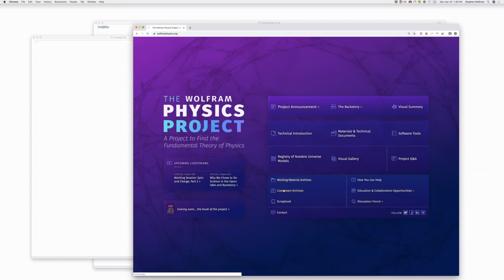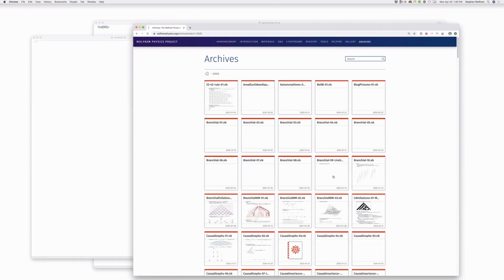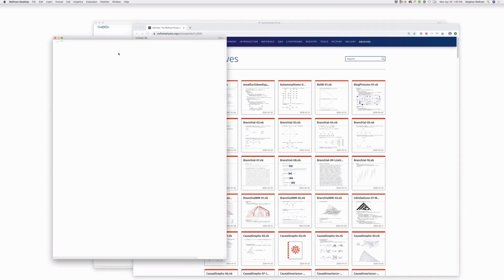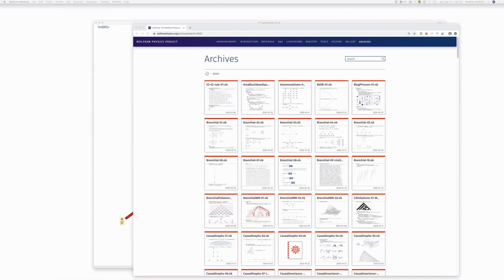There's another big section called working material archives, and there were 337 notebooks in 2020 with all kinds of topics. This will be another such notebook, and it's going in our physics project 2020, and it is going to get called spin-01.